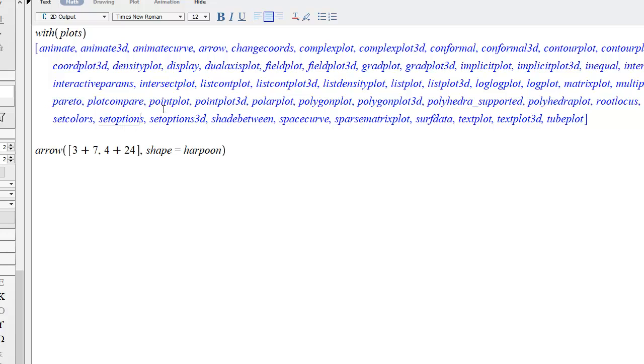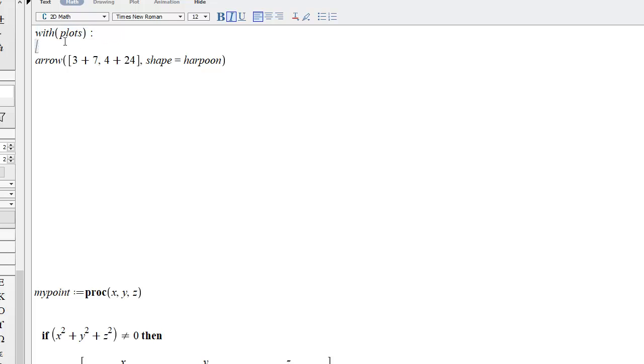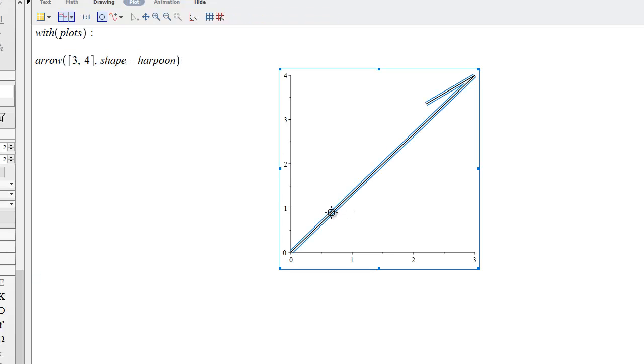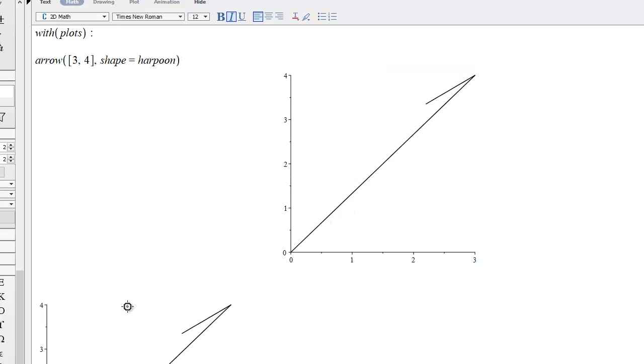It'll do. Okay, so we can get rid of that with the colon, and so this would be vector addition, but let's get the vectors in play first.